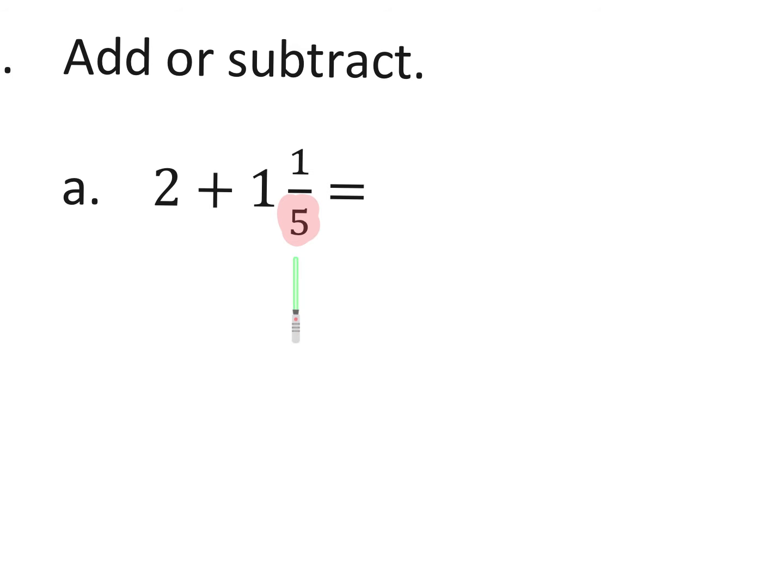So I'm looking here, and I see a 5. Now, I want to put this 2 in terms of fifths, because fifths is the unit that we need to work in. Well, how do I write 2 as fifths? What is 2 times 5?